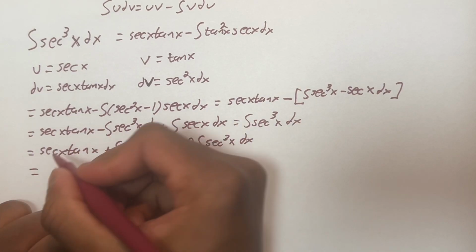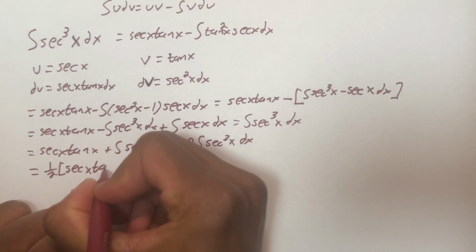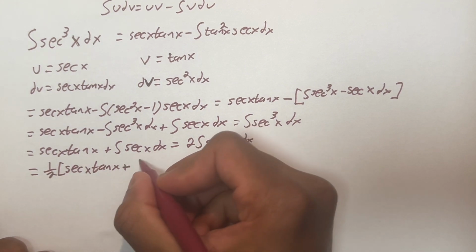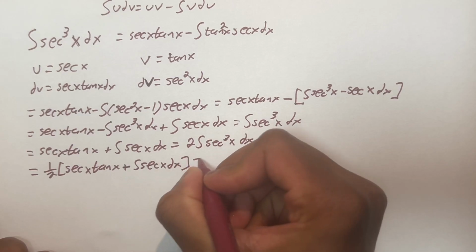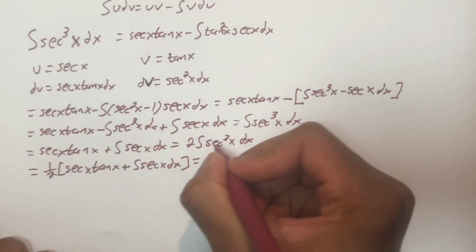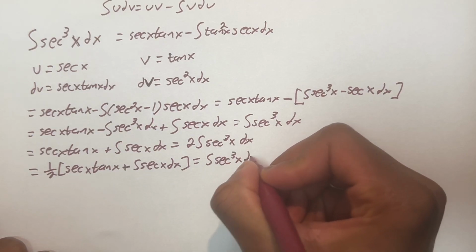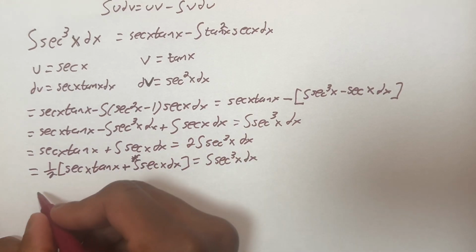Let's divide by 2 on both sides. Now, all we have to do is the integral for secant.